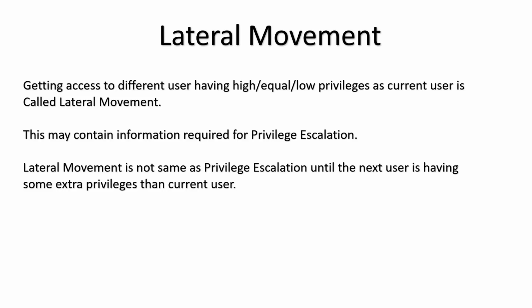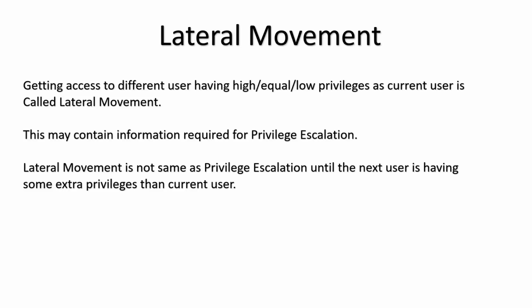Now the third point is lateral movement is not the same as privilege escalation unless the next user has some extra privileges than the current user. For example, user 2 just has some information that can be used to escalate to the highest privilege user, that is root. This would not be called a privilege escalation, this would simply be called a lateral movement.